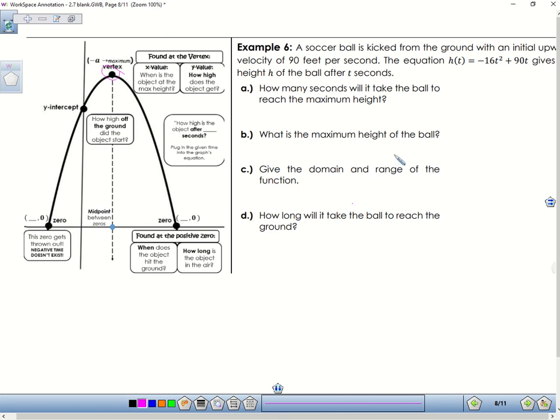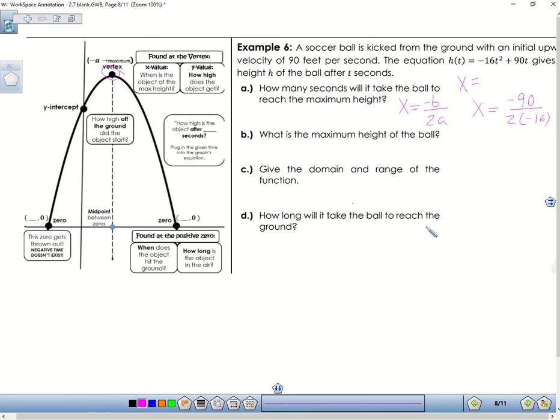Well, what's the formula for the x-coordinate of the vertex? x equals, you got it, negative b over 2a. So that's how you find the time at which the maximum height occurred. So we plug that in and we get x equals negative 90 over 2 times negative 16.